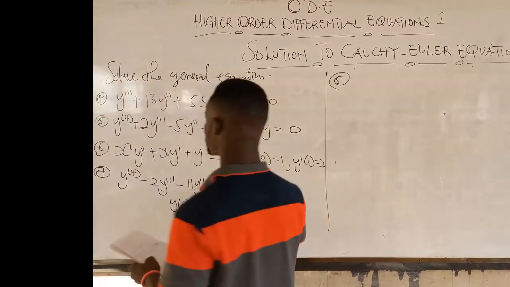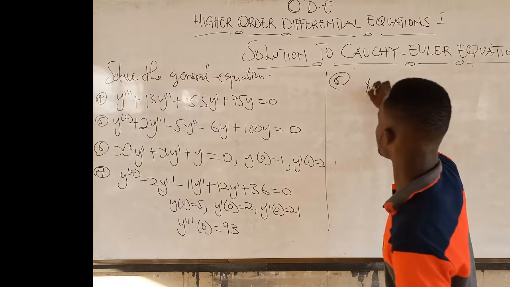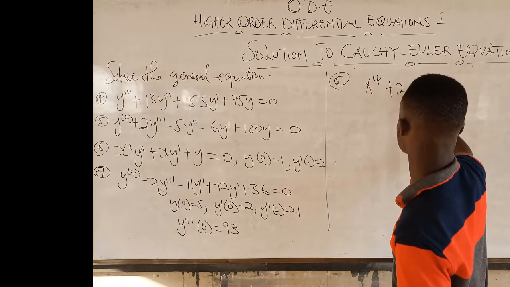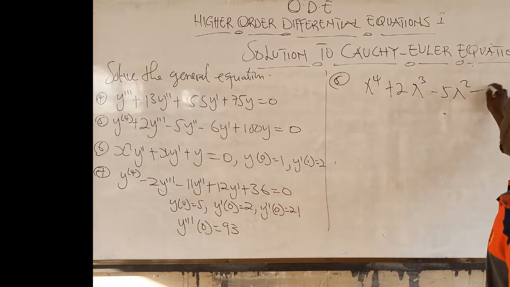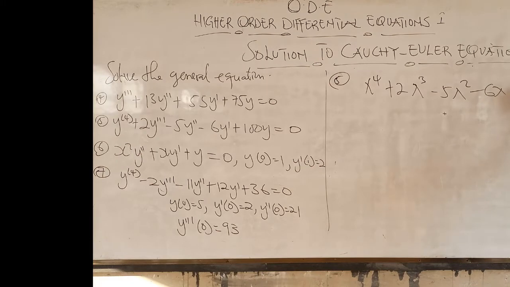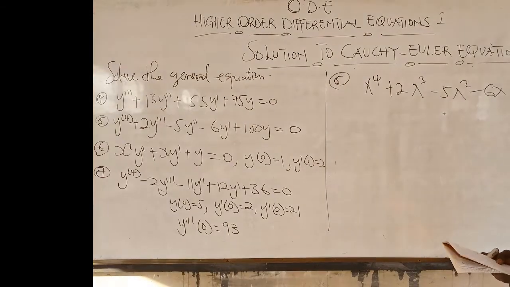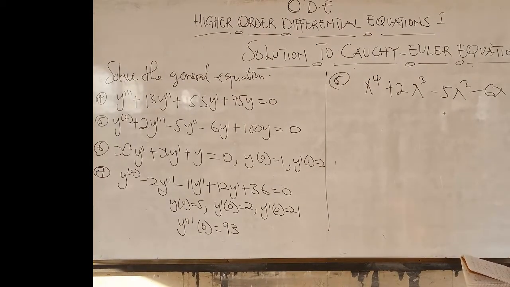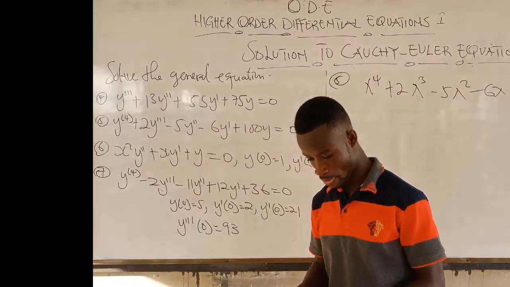The fifth one also is a constant coefficient, alright? So lambda power 4 plus 2 lambda power 3 minus 5 lambda squared minus 6 lambda plus 100 is equal to 0, alright? Very good. Then straightforward, you go on to find the solution to that, or the roots for that. Very good.